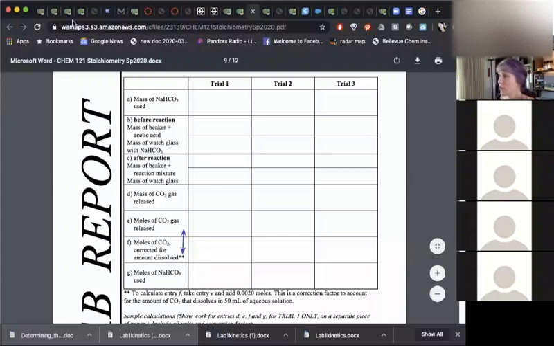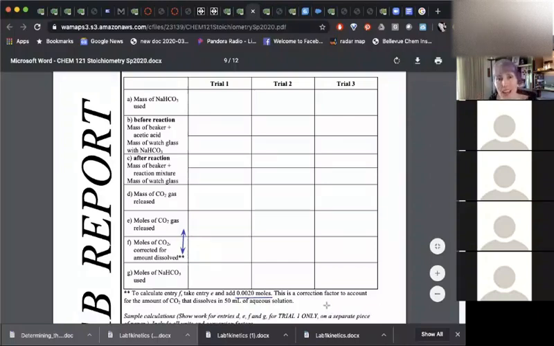That value for 50 milliliters, these are both 50 milliliters of aqueous solution, and that means that a small amount, 0.002 moles, stays in the water. So we're going to correct our values with that amount because it just works better, right? There's some CO2 that stays in there. So when we go from this line E to this line F, we're going to add that value, 0.002, because that stays dissolved in the water. It didn't bubble out, it stayed in there.